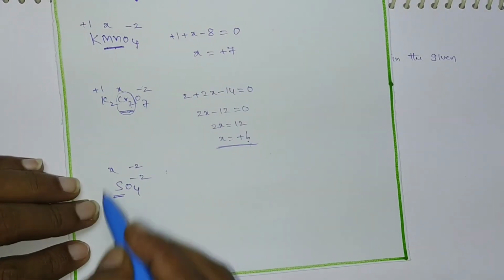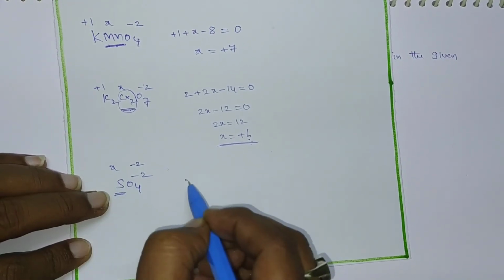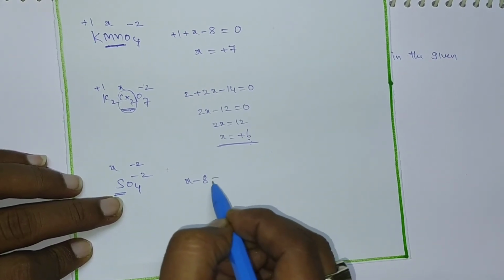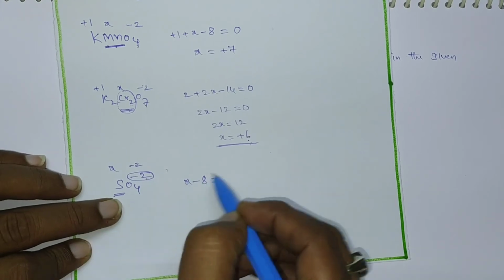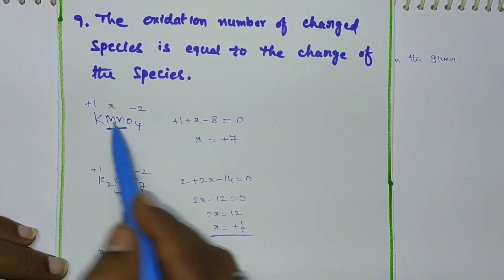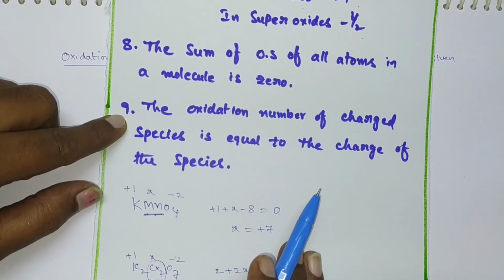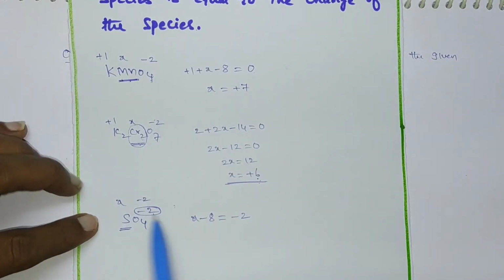That means we have to calculate like this. Here one sulfur is there, 1 into x, x, 4 into -2, -8. That should be equal to the charge present on the charged species, that should be equal to -2. For a neutral molecule the sum of oxidation states should be equal to 0, that is the 8th point. But according to the 9th point, the sum of oxidation states should be equal to the charge.